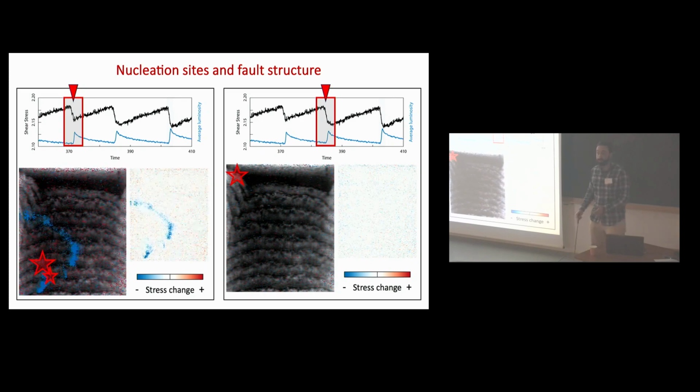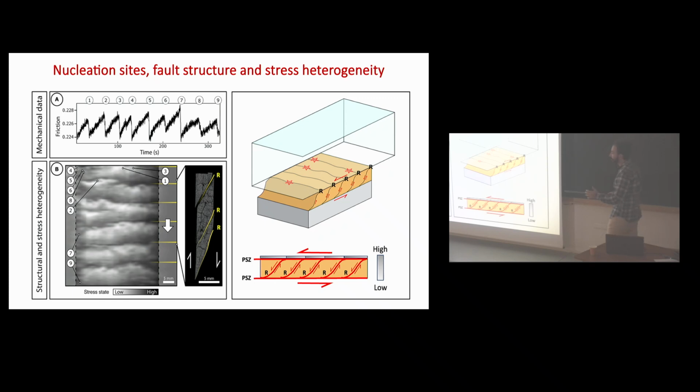If we do it systematically, we see that those are not randomly distributed on the fault. Considering a consecutive series of stick-slip cycles, we see that the nucleation sites are not randomly distributed, but they seem to occur where we have this transition from white to black that represents a transition from a region with high stress heterogeneities.